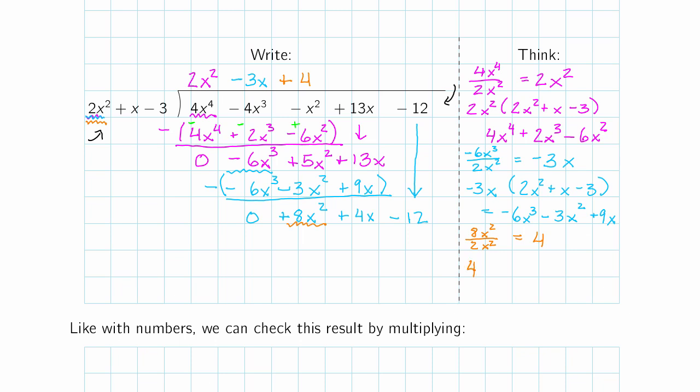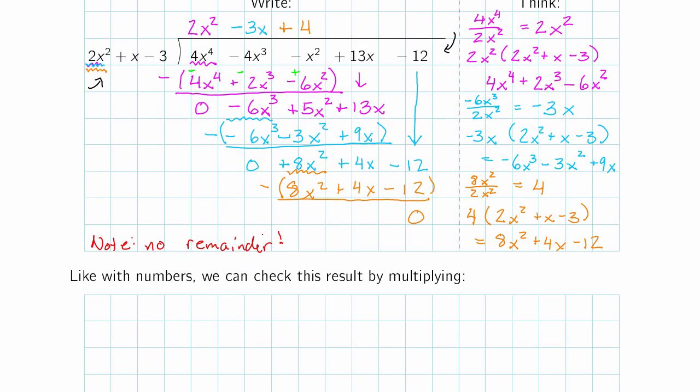We take our 4 times our divisor. That's 8x squared plus 4x minus 12. We subtract, we're taking something minus itself. We just get 0. So our quotient is just this 2x squared minus 3x plus 4. And we have no remainder.